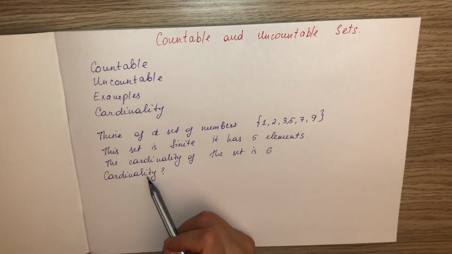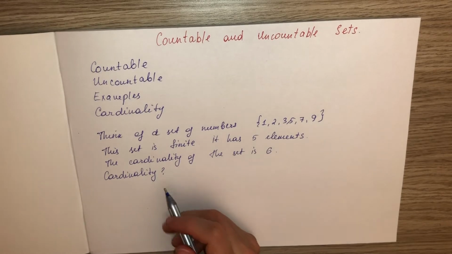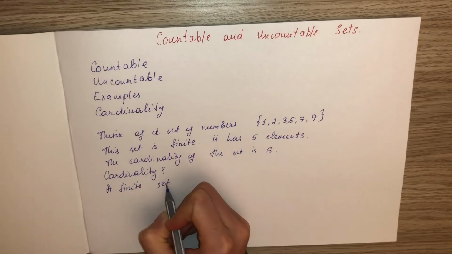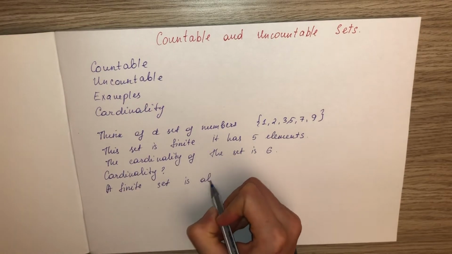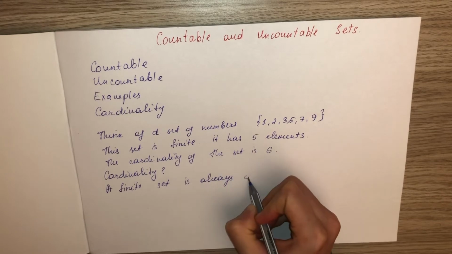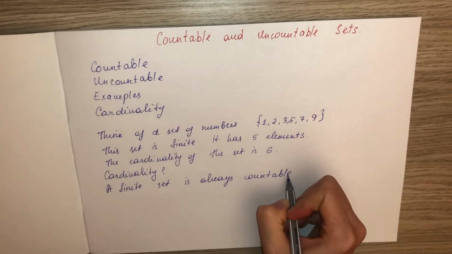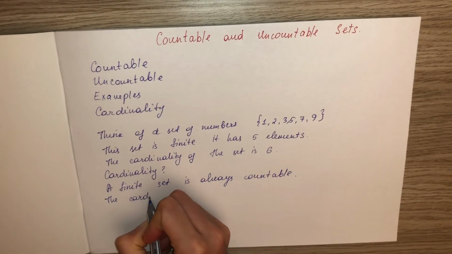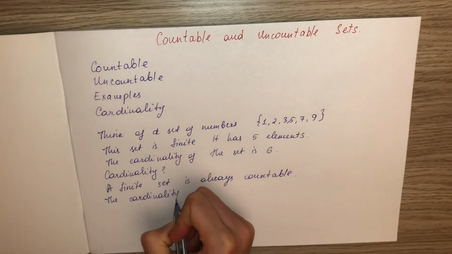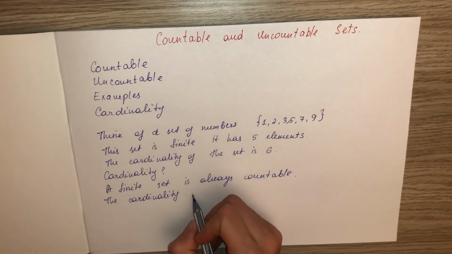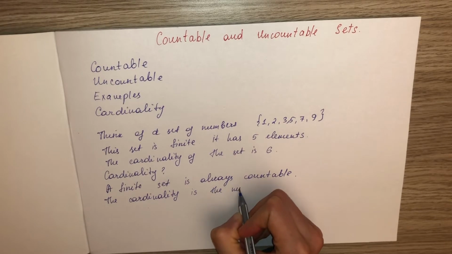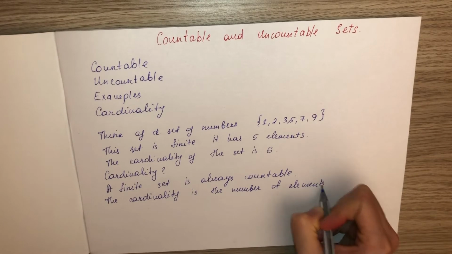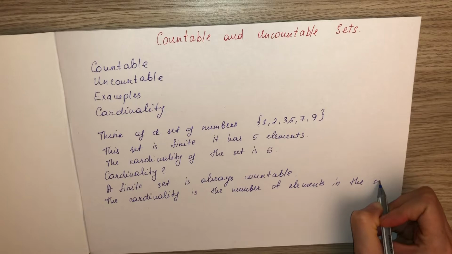So let's recall what is cardinality. A finite set is always countable. And the cardinality is the number of elements in the set.